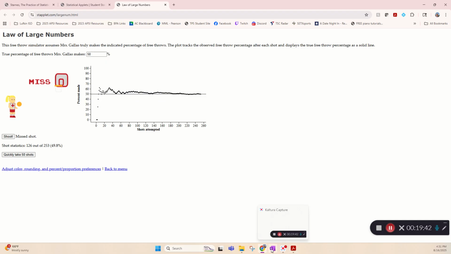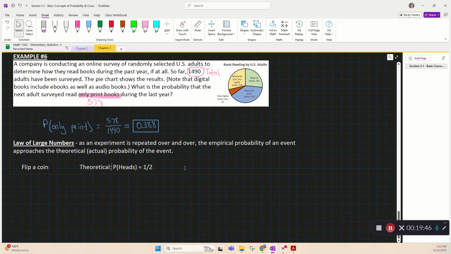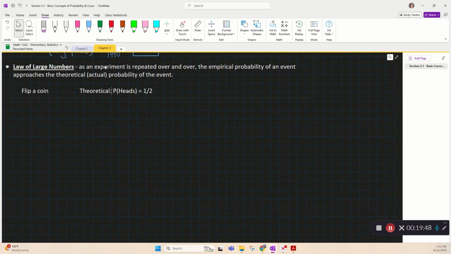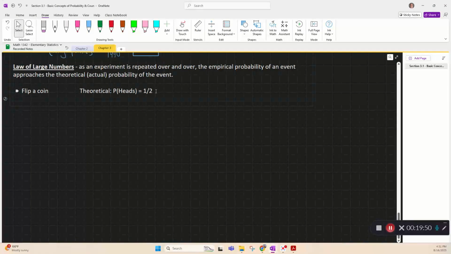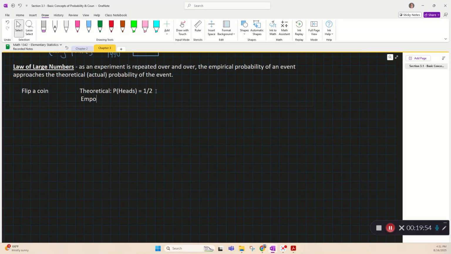Okay. So I'm going to actually screenshot the chart here. Empirical. Why does it not like how I spelled it?